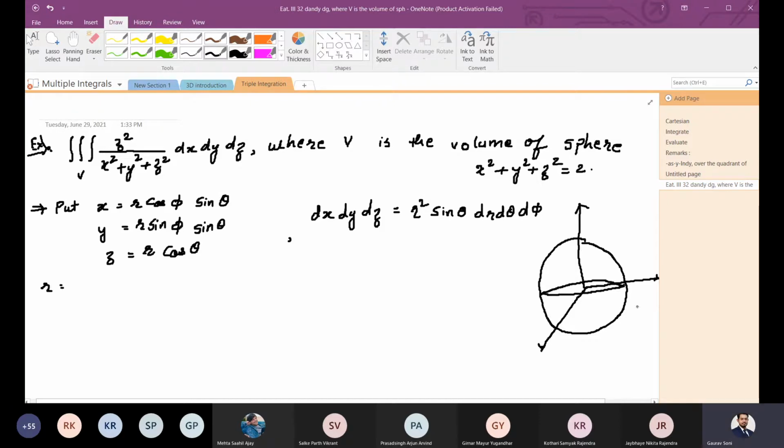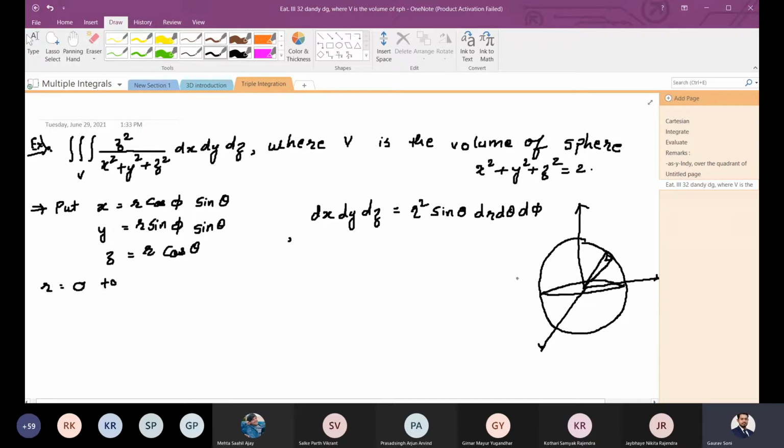For the spherical coordinate system, we take the pillar which starts from the origin and goes to the surface. The pillar will start from the origin, at which the value of r is 0.